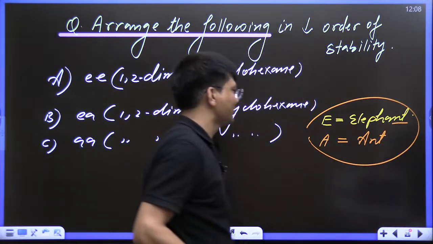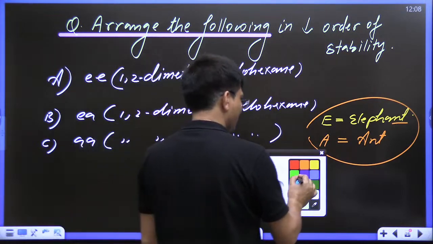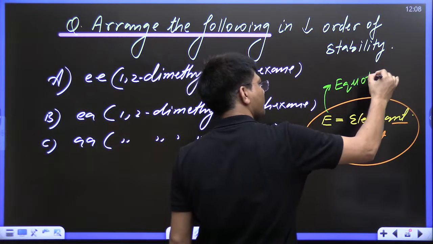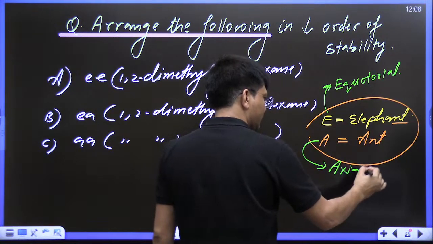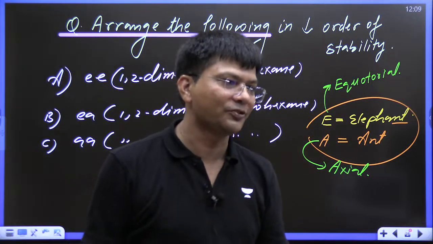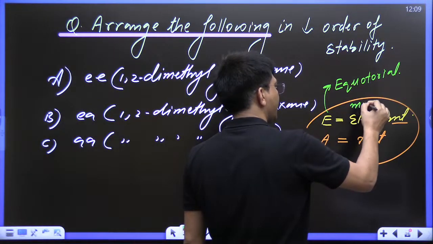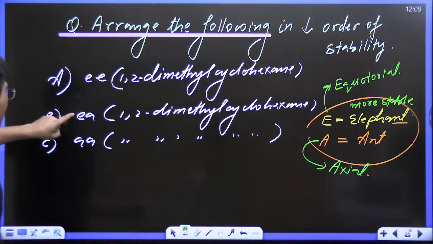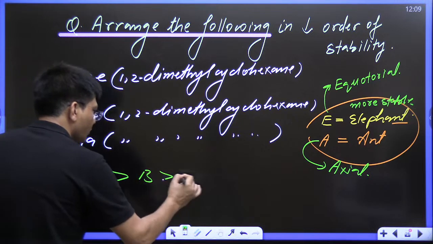E means equatorial, A means axial. Kids, do let me know who is more stable. Definitely elephant is more stable than ant. So you can find out there are two elephants, only one elephant, all ants. So A is more stable than B, which is more stable than C.